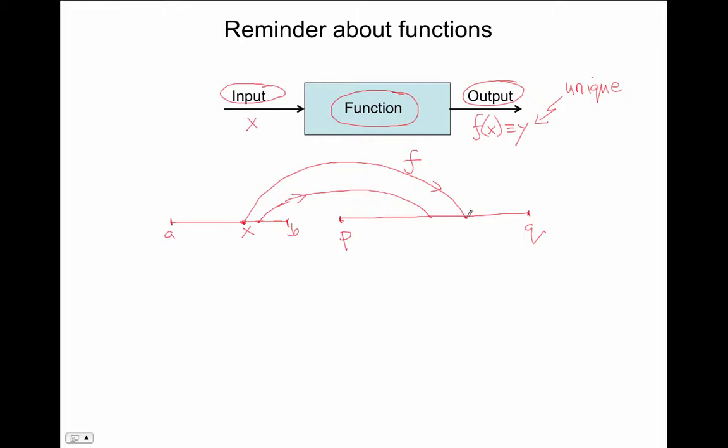Equivalently, we could say that if this is f of x, let's call it y, then y can be mapped back into x through the inverse function. So f inverse y is equal to x.